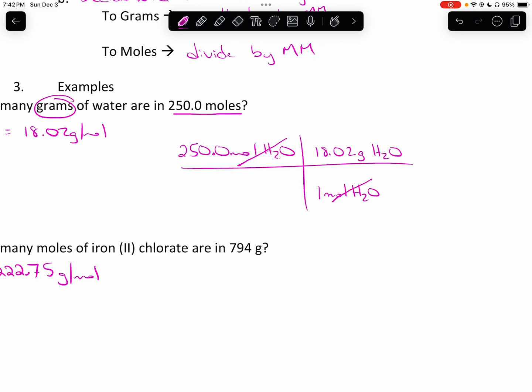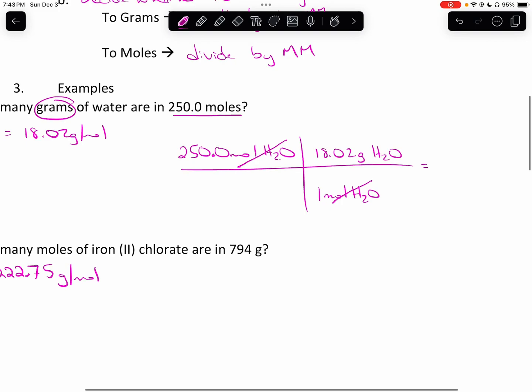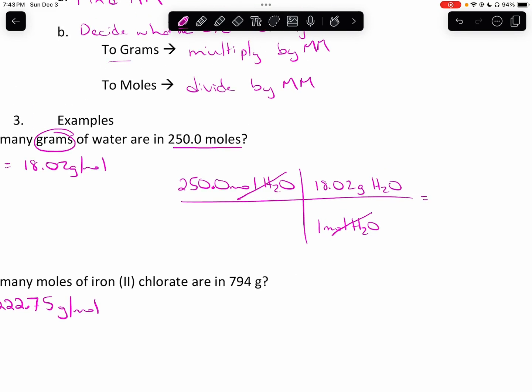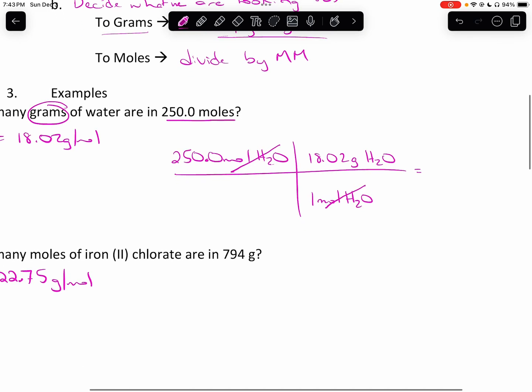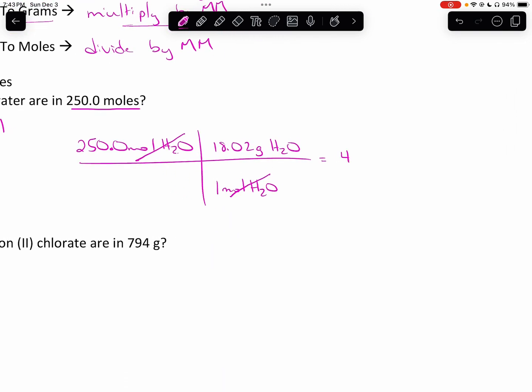So to solve this problem, we're going to take 250 times 18.02, multiplied by molar mass. So we're going to take 250 on our calculator, 250 times 18.02. We should get 4,505, and our label is grams. Pretty simple there, yes? Awesome.